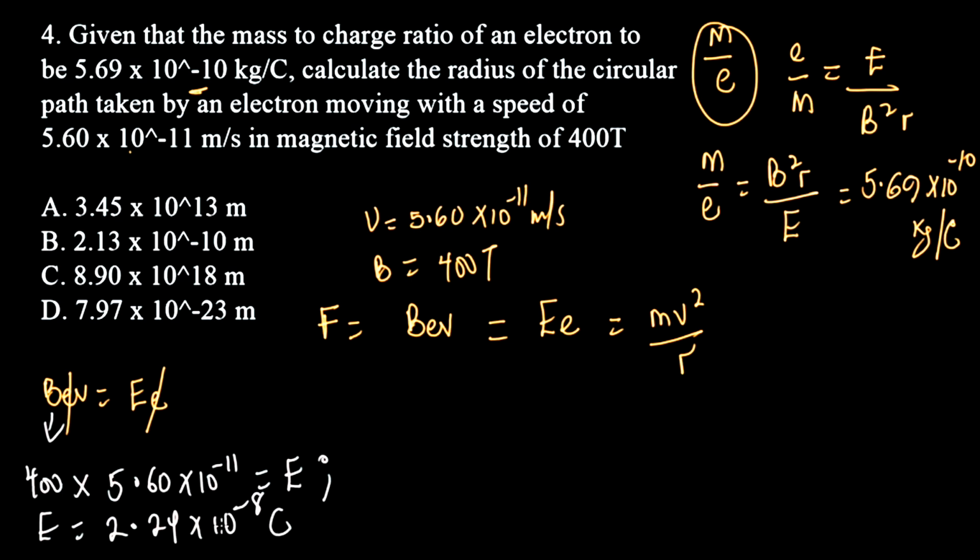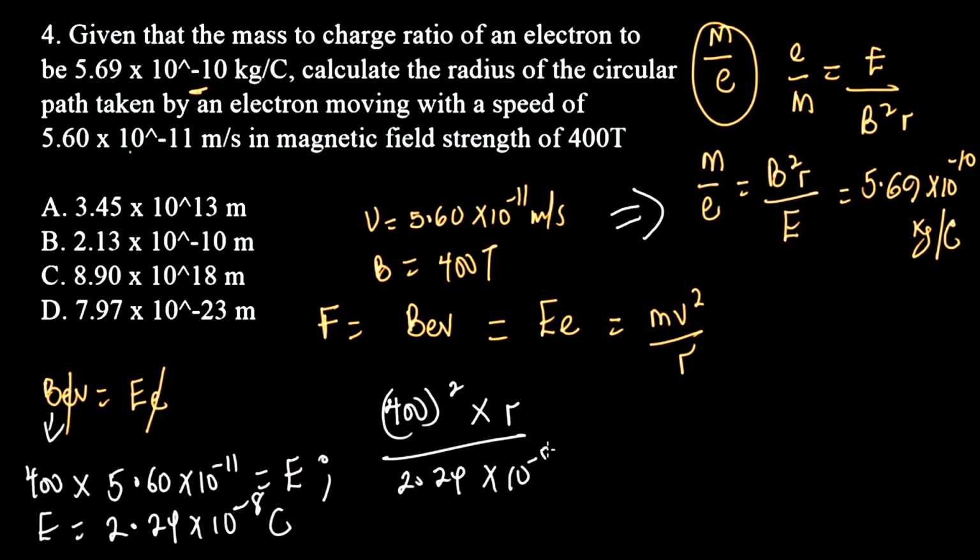Now putting this into this equation, we have B to be 400, squared, times the radius. We do not have the radius yet, over the field strength, 2.24 times 10 raised to power minus 8.